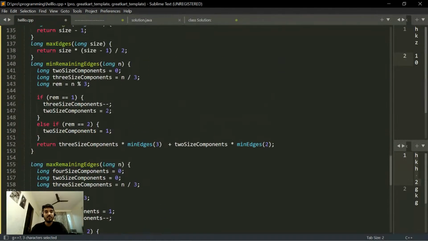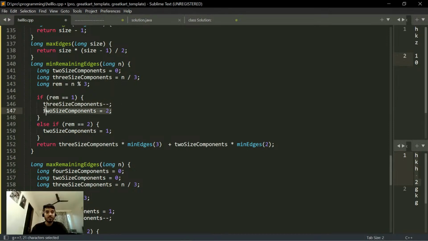Then similarly for the minimum remaining edges, I only need to make changes for the remainder, because n by 3 is fixed, the product is fixed. If the remainder is 1, then I must decrease the component of size 3 by 1, because I am going to convert a component to components of size 2.